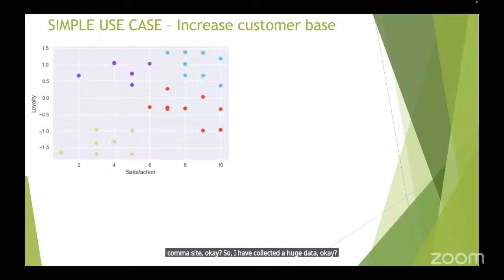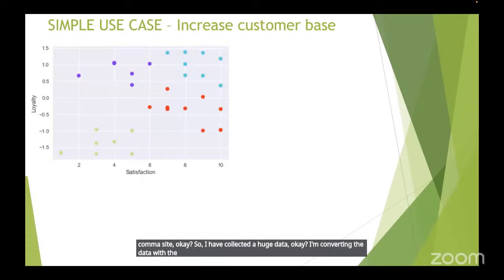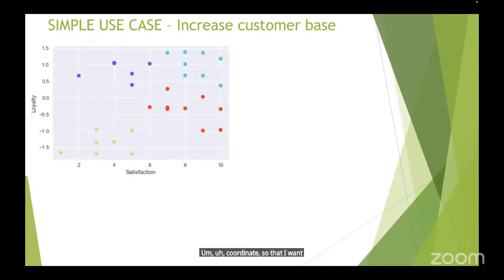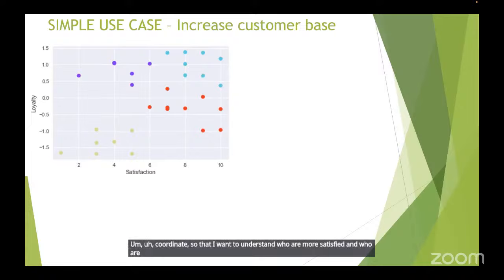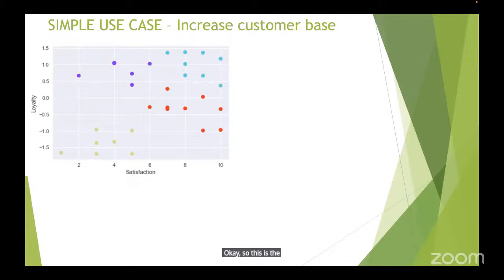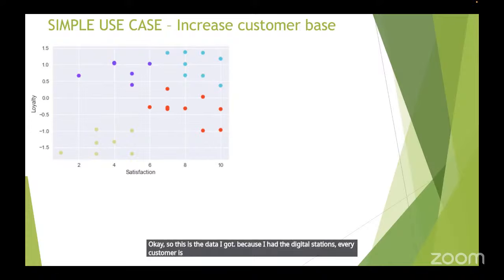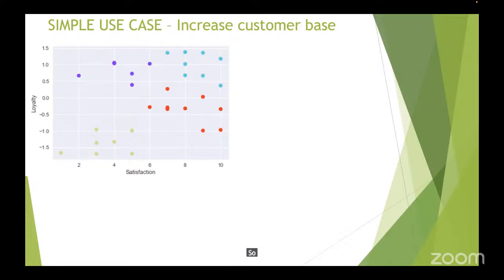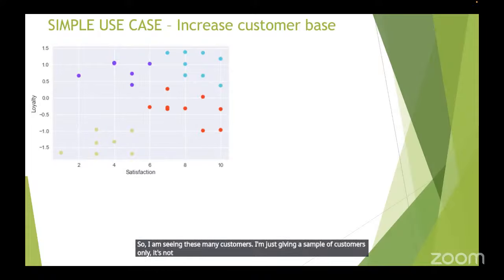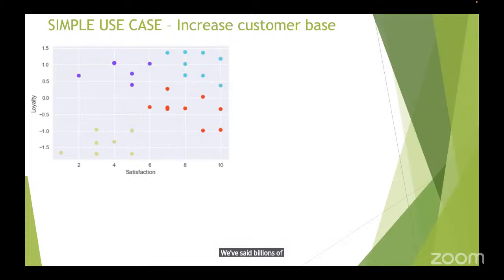I'm converting the data into loyalty and satisfaction coordinates, so that I can understand who is more satisfied and who is more loyal. This is the data I got. Because I have digitization, every customer is registered, and I have all the details with me. I'm just giving a sample of customers only. It's not 100 customers, it's billions of customers, billions of data. It will be huge data.